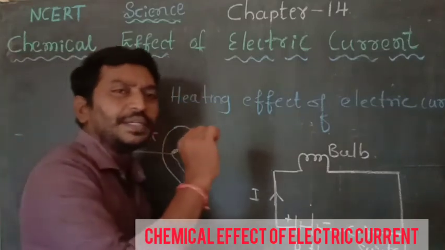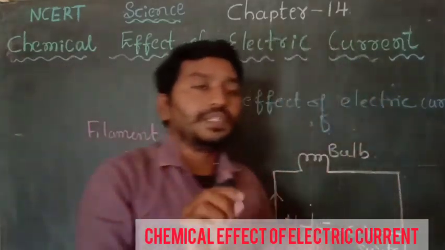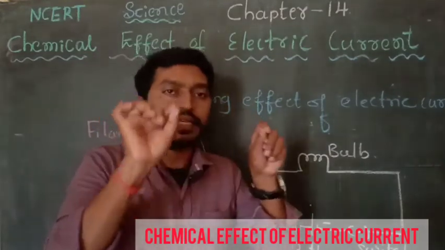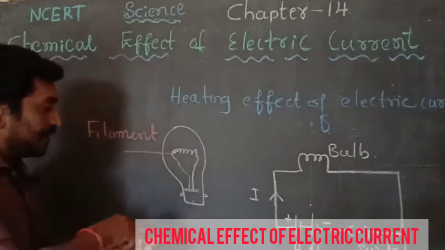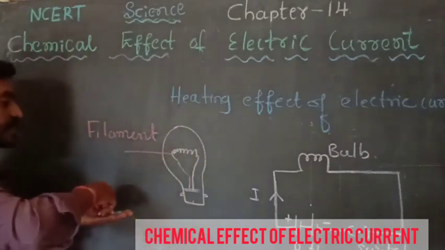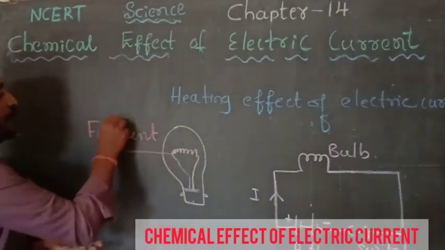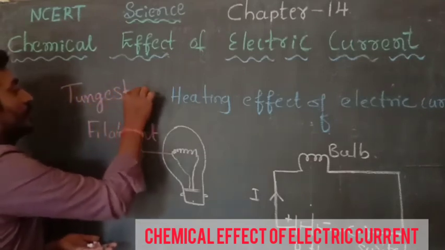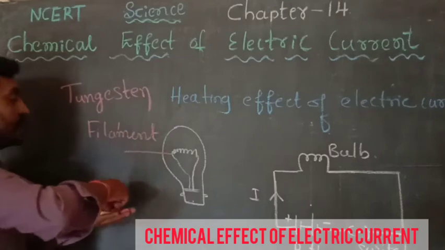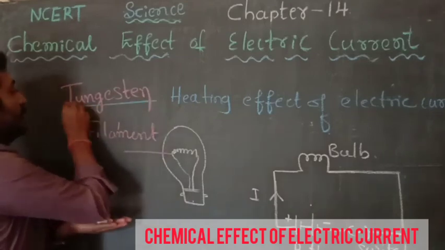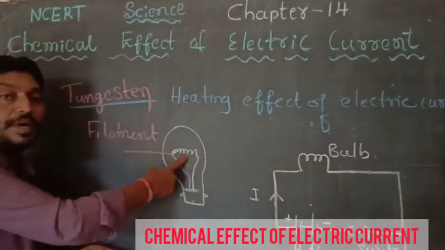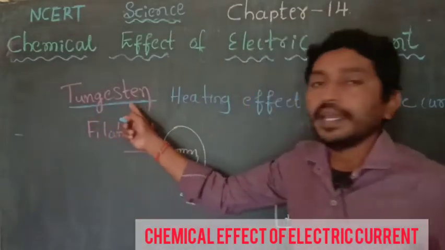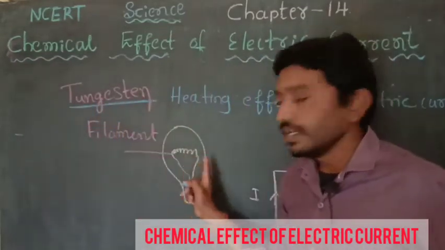What is the filament? The filament is nothing but a thread-like structure. But here we are using tungsten. The filament is made up of what? Tungsten. Tungsten filament is used in the bulb. It has a high melting point, which is why it is used in the electric bulb.